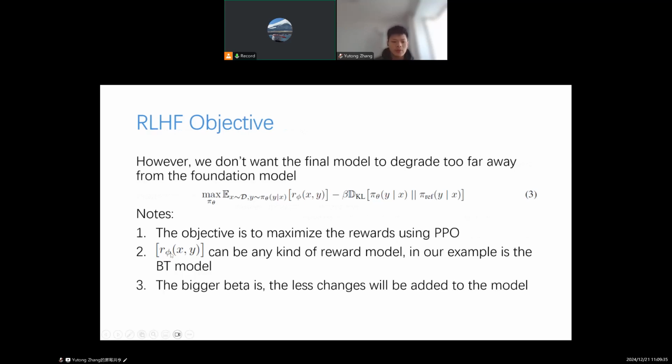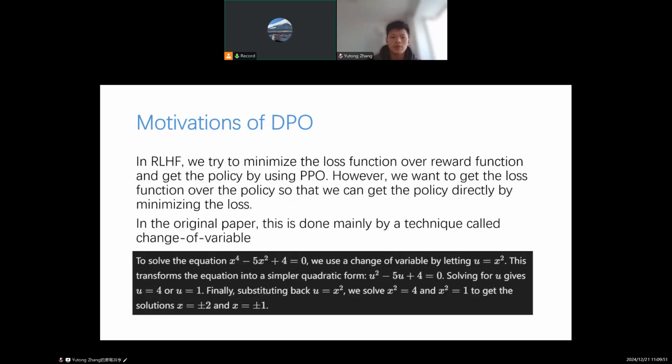And this term here can be any kind of reward model. And in our example it is the Bradley-Terry model, which we introduced earlier. And the third one is that the bigger beta is, the less change will be added to the model, right? So it's very easy to see. However, consider the drawbacks of RLHF.